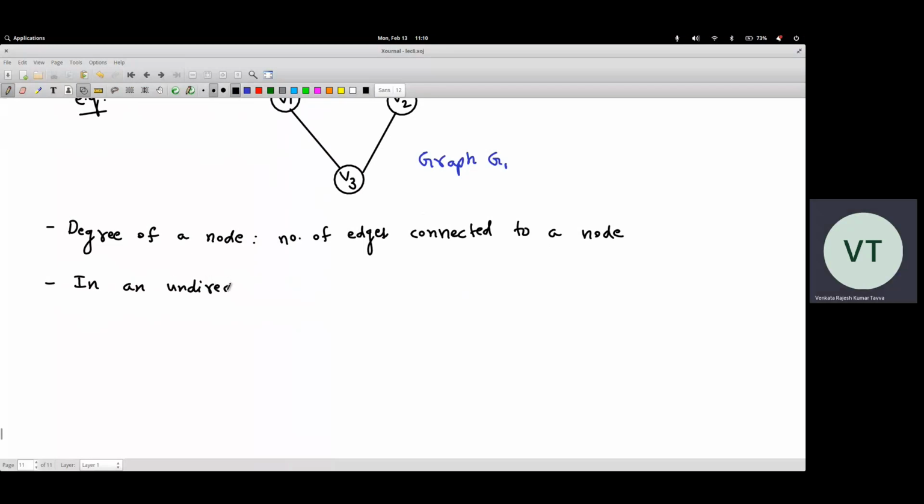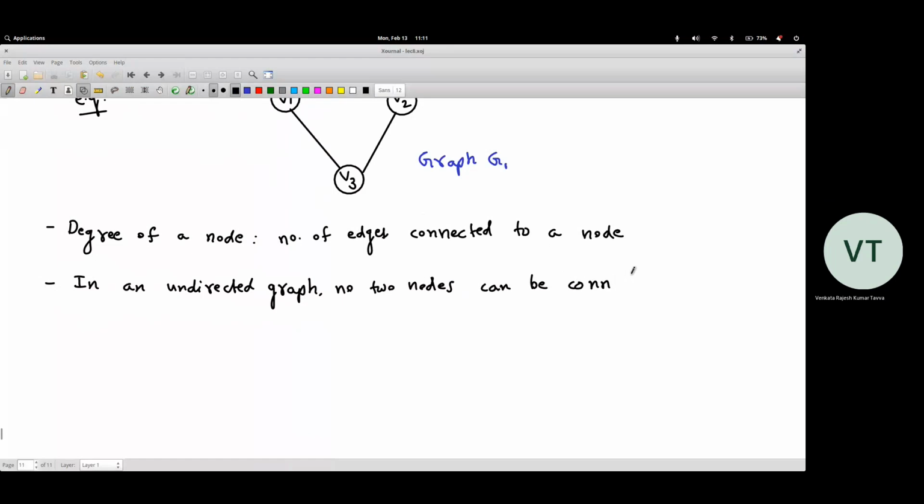In an undirected graph, no two nodes can be connected by more than one edge.